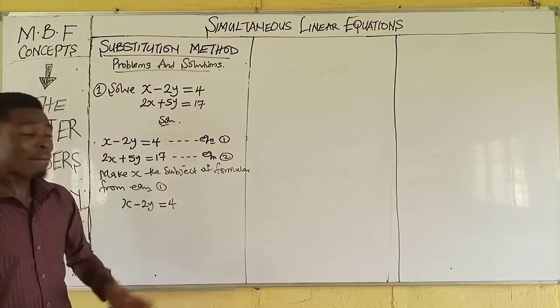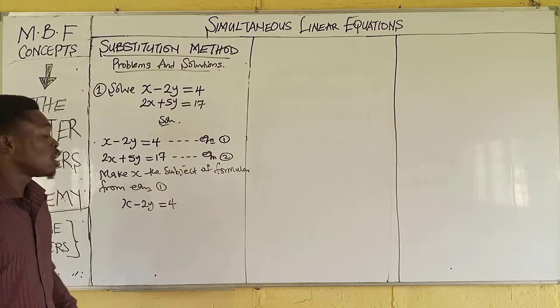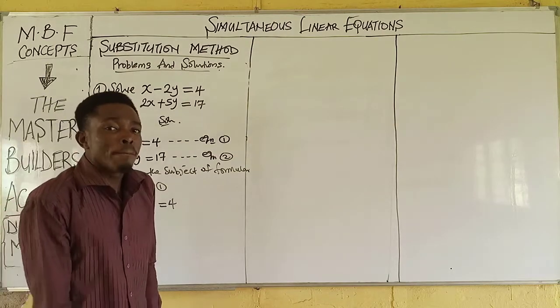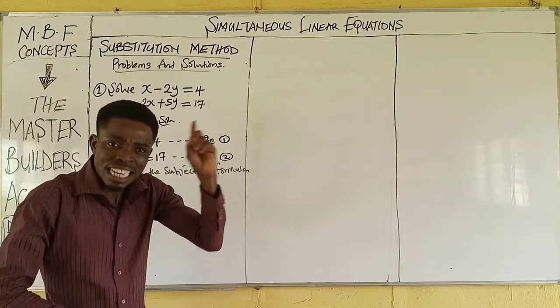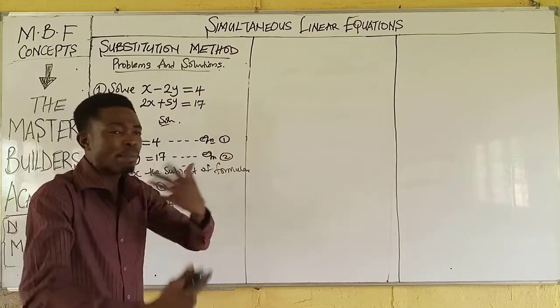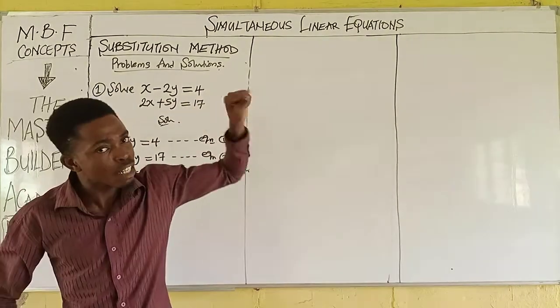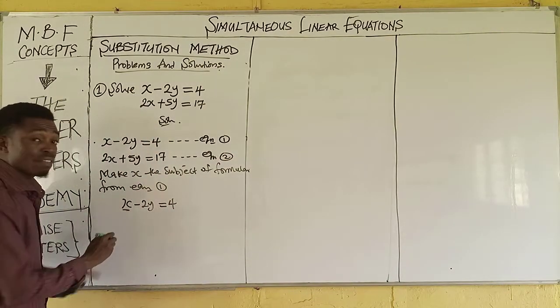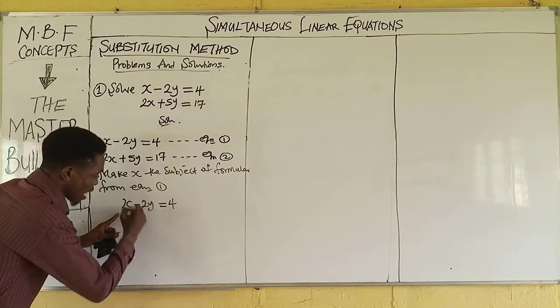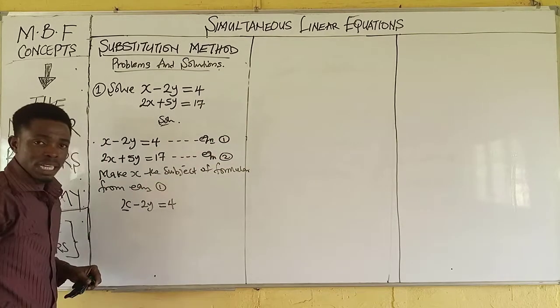Hope you see that. To make x the subject of formula, it means that you should allow only x to be the only term at the left hand side, while every other term in that equation should be taken to the right hand side. So if I need only x to be at the left hand side, I will take minus 2y to the right hand side.